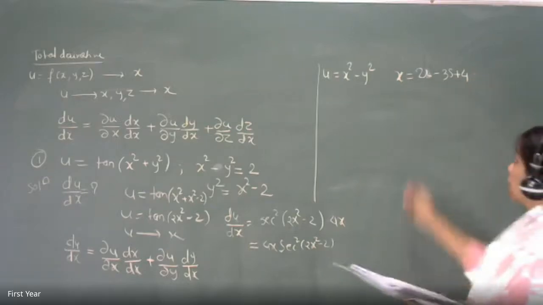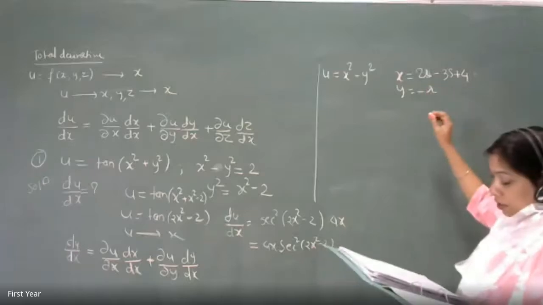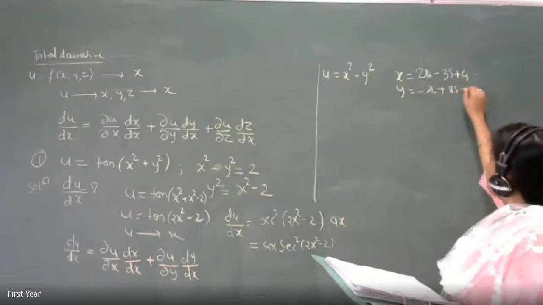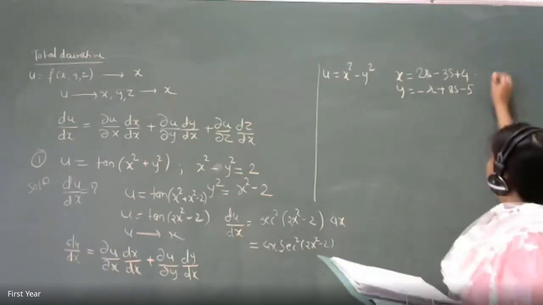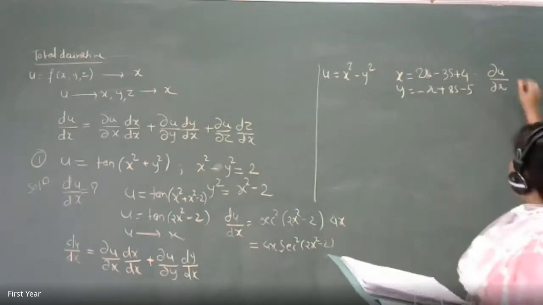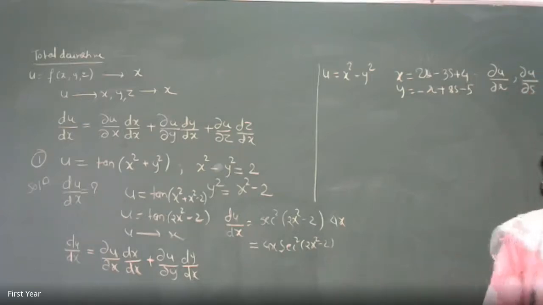This is the value of x. Value of y is minus r plus 8s minus 5. Then find del u by del r and del u by del s.